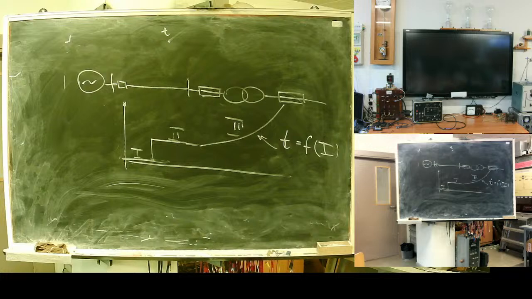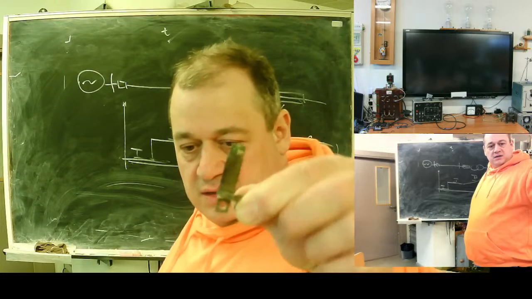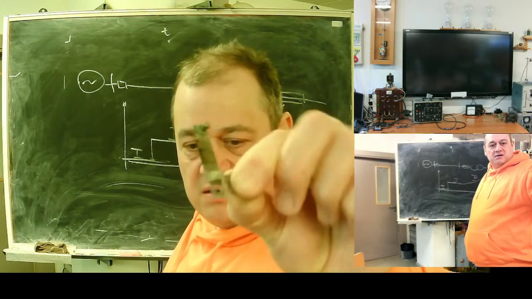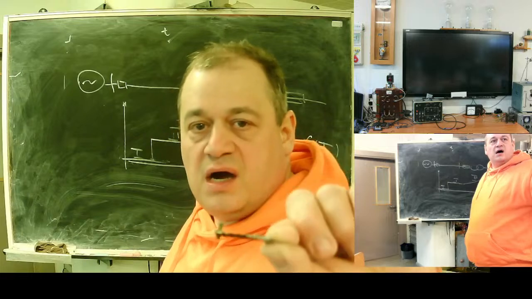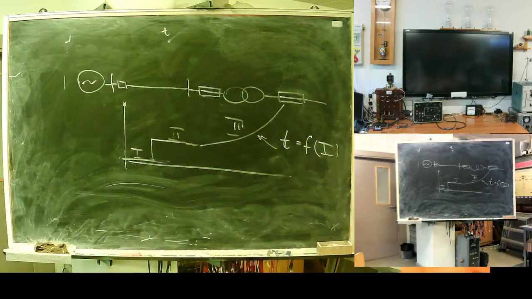Why all this in a circuit breaker? Oh, here it is. The thermal element is a heater around a bimetallic plate. It's made of two different metals welded together. If you heat it, it bends. Why are these elements needed?